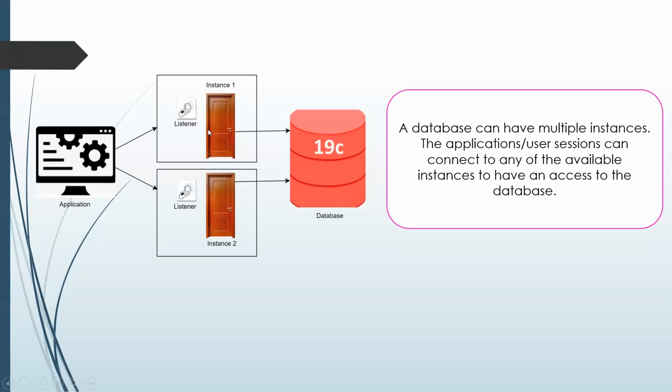That's why Oracle has given you the possibility to have multiple instances for a database, so that if one of the instances is unavailable for any XYZ reasons, the applications or the users can still connect to the database through the other instance. You getting it? So a database can have multiple instances. It is one of the features ensuring high availability within the database. You are ensuring that your database is highly available.